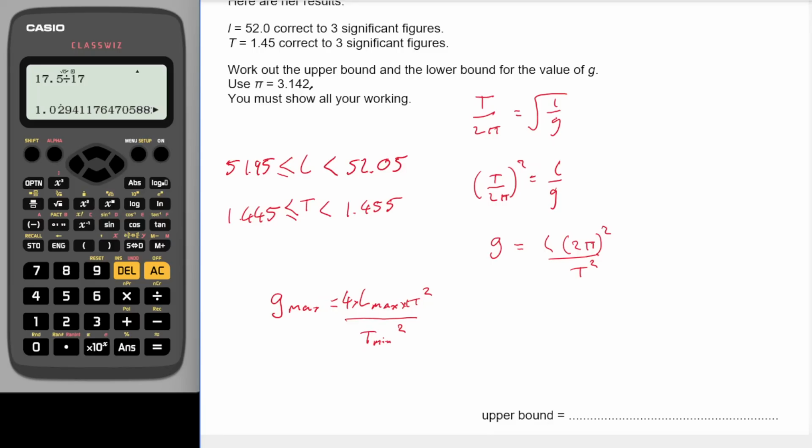And we'll go for the G minimum is going to be equal to 4 times the L minimum times pi squared divided by T max squared.